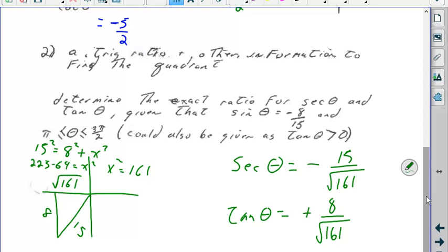This idea of using triangles, very, very useful for us. Questions on that one?